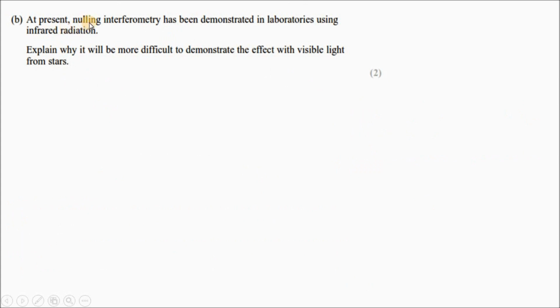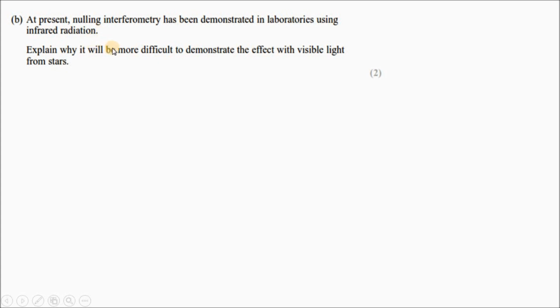At present, nulling interferometry has been demonstrated in laboratories using infrared radiation. Explain why it will be more difficult to demonstrate the effect with the visible light from a star. If you compare the radiation, because we are using infrared and visible light, there's a difference in wavelength. So visible light has a shorter wavelength. For infrared, because of the larger wavelength, it is easy to produce the required path difference.